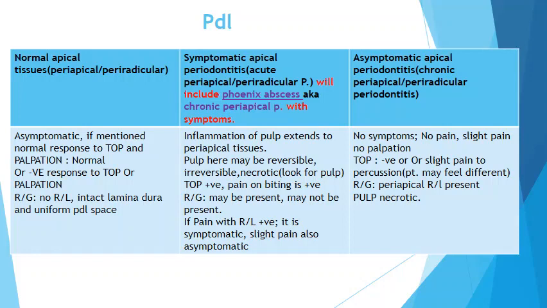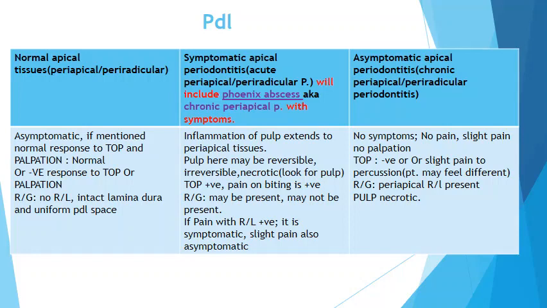We can have symptomatic apical periodontitis, or we call it acute periapical or acute periradicular. These all are same, and it will include phoenix abscess or chronic periapical abscess with symptoms. Okay, this is very important. Symptomatic apical periodontitis is also known as acute periapical or acute periradicular periodontitis, and it will include phoenix abscess.